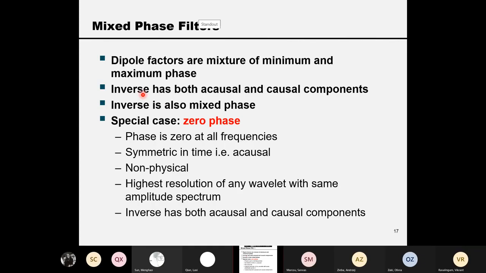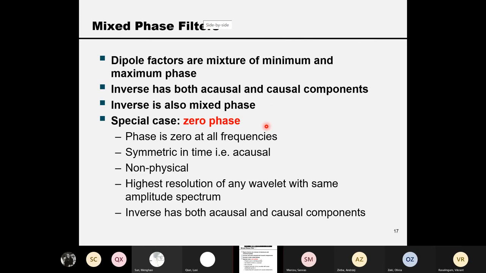If we implement the inverse of the filter, the inverse will have both causal and acausal components, right? The causal component comes from minimum phase dipoles, but also from maximum phase dipoles. So the inverse is also mixed phase, which means it's not guaranteed to converge because the maximum phase dipoles are involved.